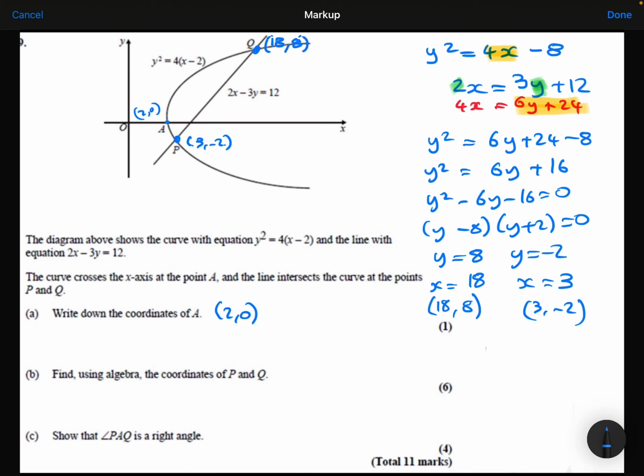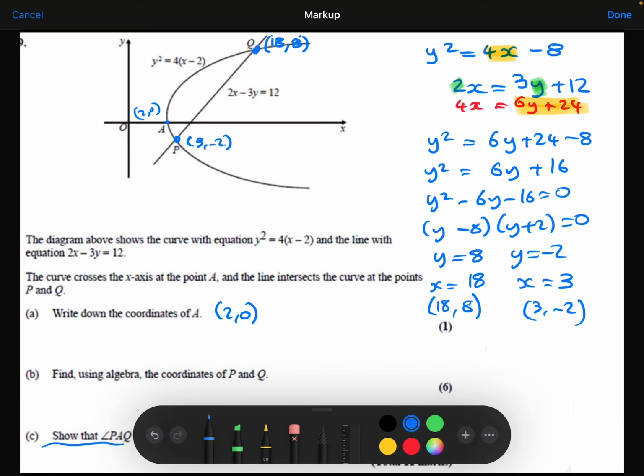Right, part C. Show that the angle PAQ is a right angle. So let me mark this onto my diagram, the angle PAQ. So we've got the angle from P to A to Q. I want to show that this is a right angle.